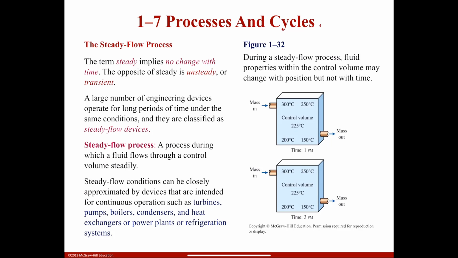They pretty much work under the same circumstances over and over again. They go from one state to another and keep repeating that infinitely, or most likely until the devices are taken out for service or maintenance.